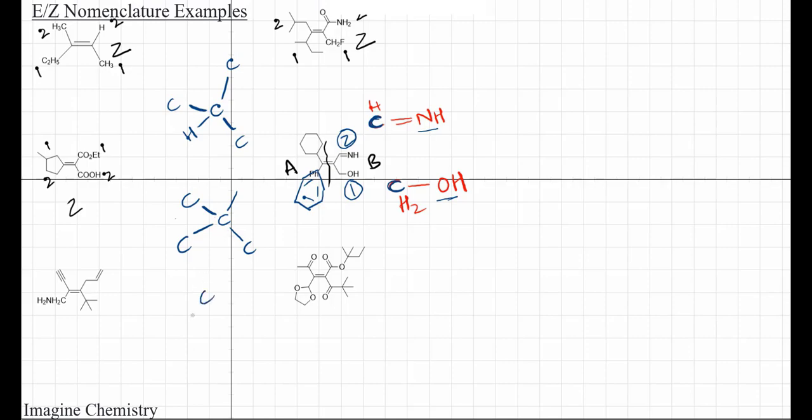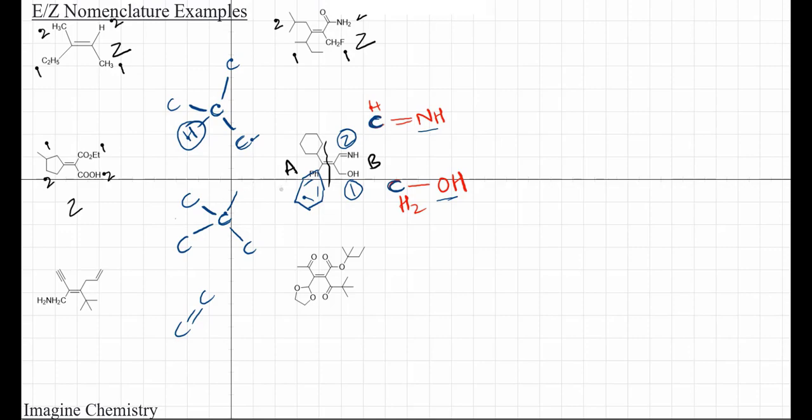So rather than writing it like this, we will write it in this form, that this carbon is attached to two carbons. So when you write it like this, you can see the difference in the priority. So for the cyclohexyl part, the alkene carbon is attached to a carbon, two carbons and one hydrogen, whereas for the phenyl group, it is attached to three carbons.